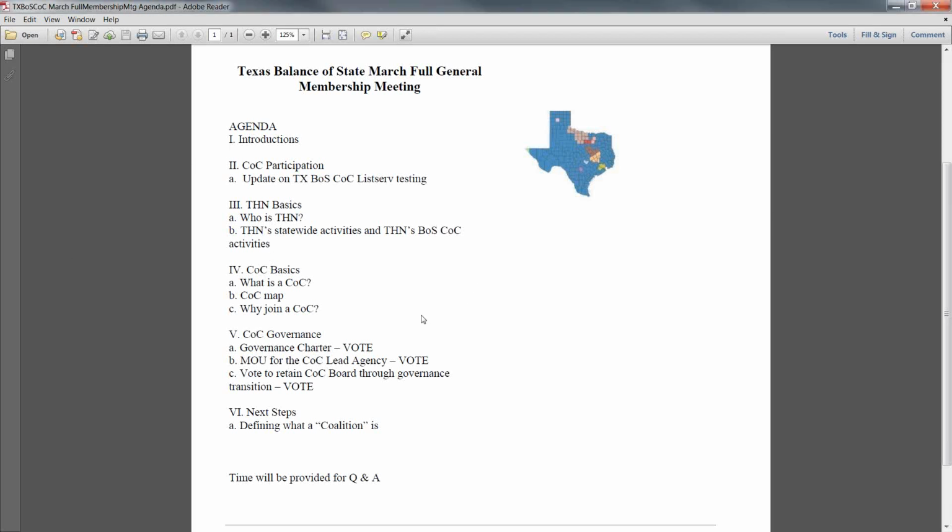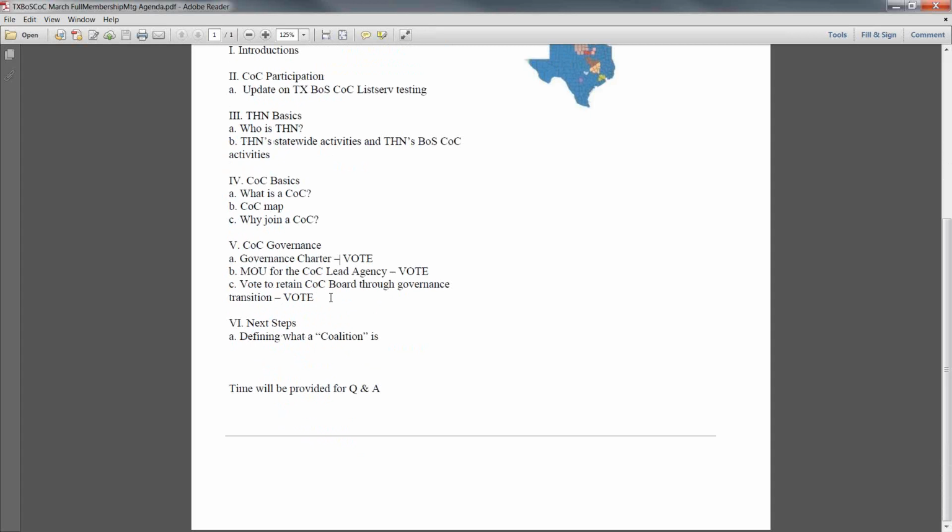Okay, so we are actually to the COC governance portion of our agenda. And this is the section where we will eventually be taking votes from you on the items that are up for vote. And Mary, do you have some materials ready for the governance charter, MOU and the COC board? Yes, okay, I do. I'm going to go ahead and make you the presenter again then.